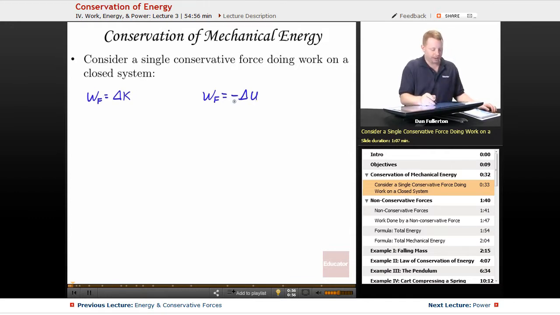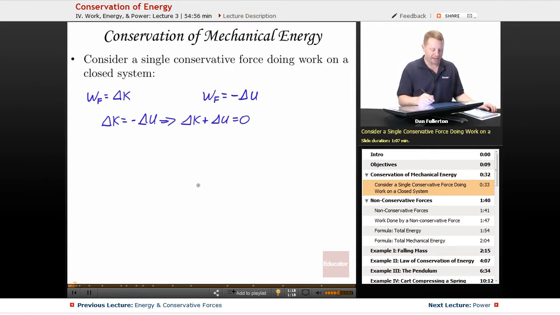So if those two are equal, the change in kinetic energy must be equal to the opposite of the change in potential energy. Or rearranging this slightly, change in kinetic energy plus change in potential energy must equal 0 for some closed system.